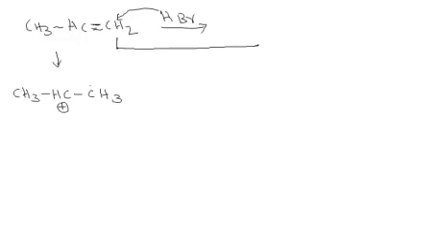And next, some other possibility will be like this: CH3, CH2, CH2 plus. Okay, so this is a secondary carbocation and primary carbocation. Secondary carbocation is more stable.